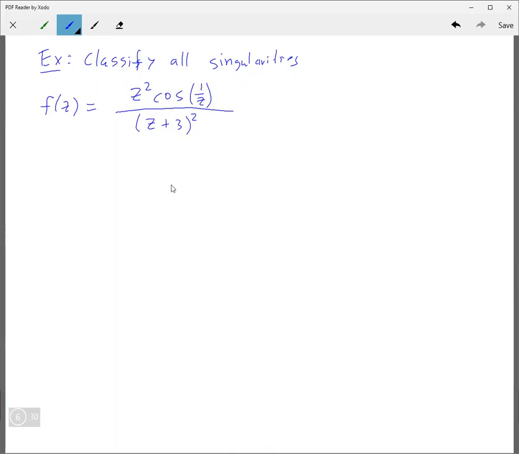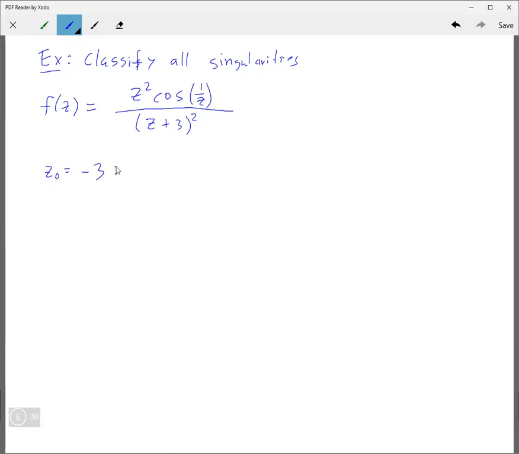Okay, so this one has a couple singularities. Does anybody want to take a guess at what they are? What's a number that's a singularity for this function that makes it not exist? -3, yes.